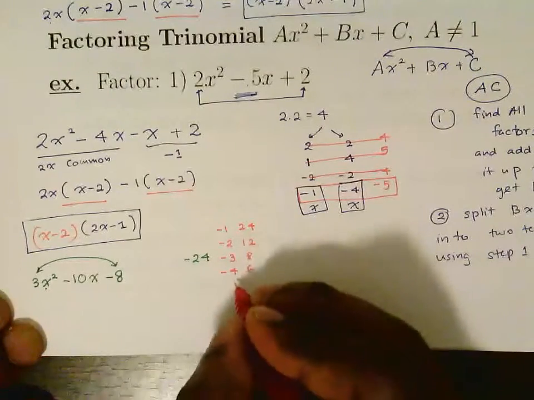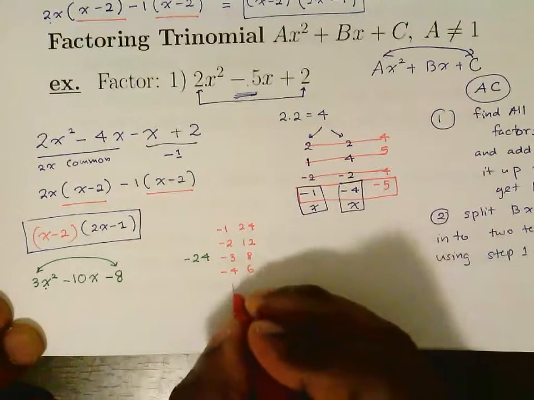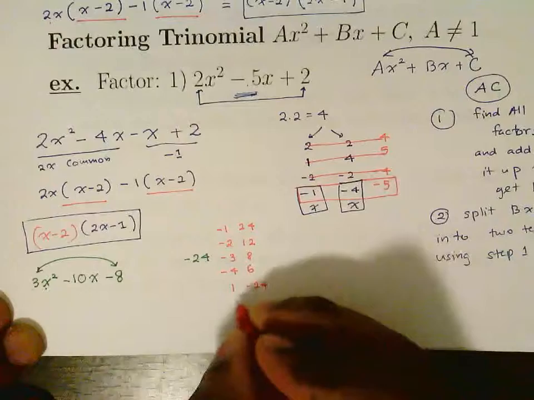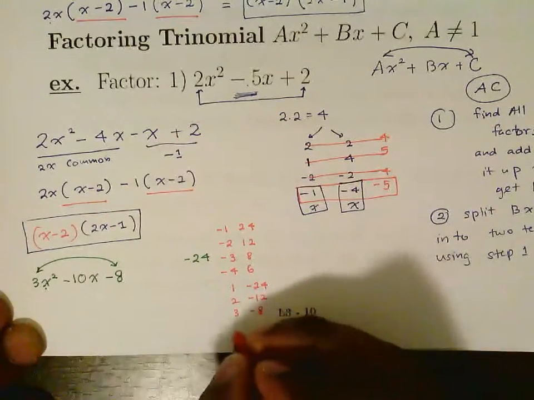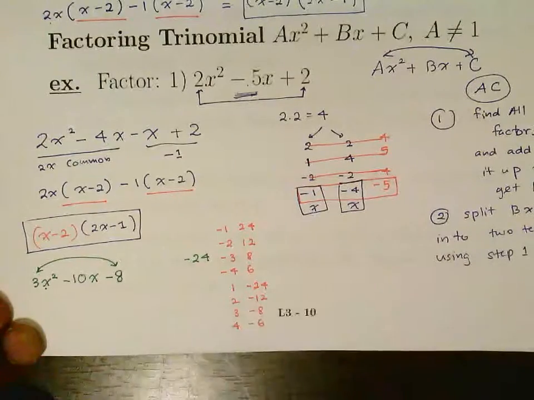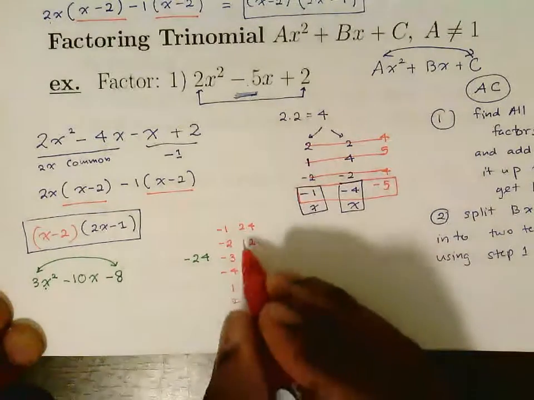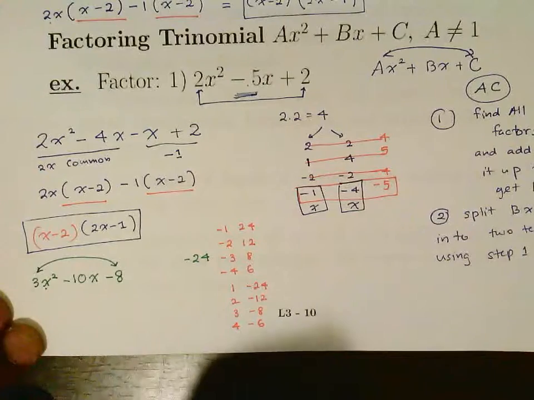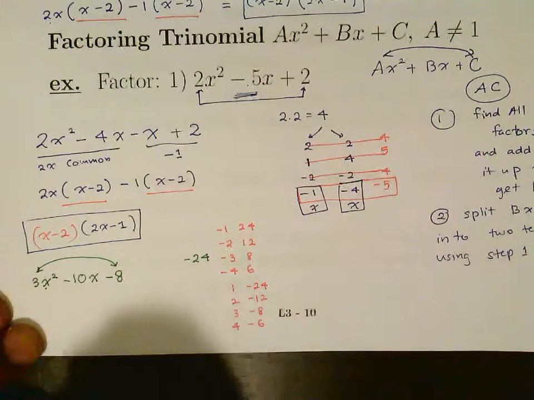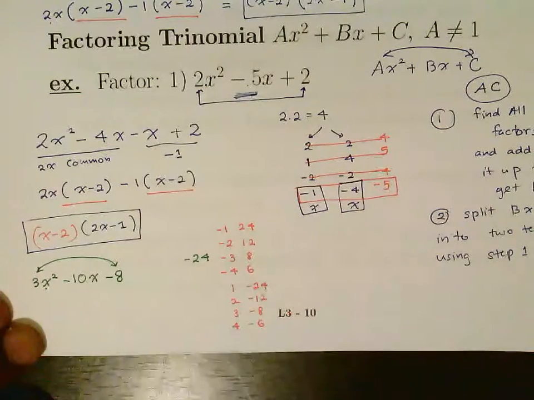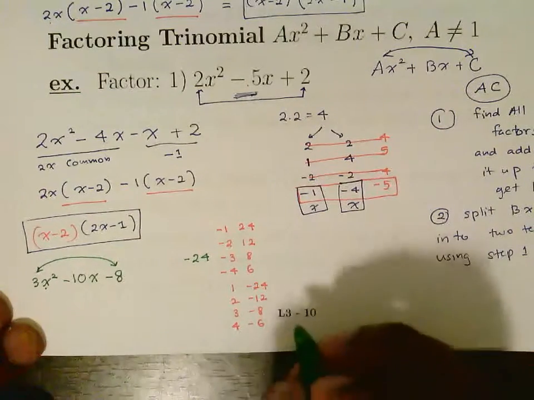And then you have the same thing but reverse. So 1 times negative 24, 2 times negative 12, 3 times negative 8, and 4 times negative 6. So there are 8 pairs. When you do enough questions, you should be able to stop and find what exact numbers you're looking for.